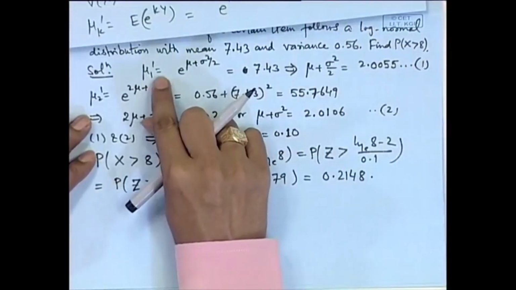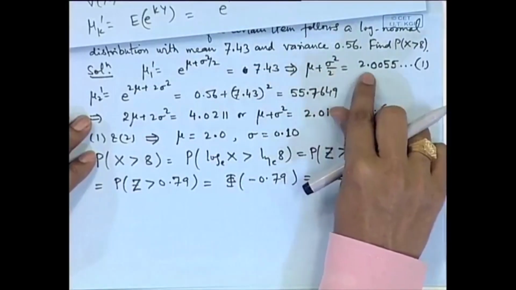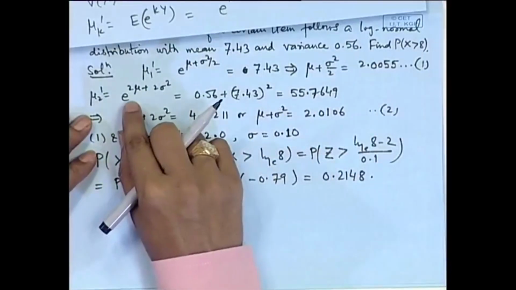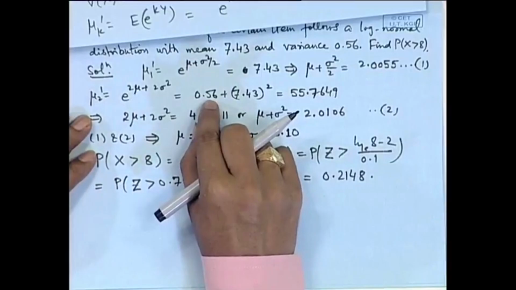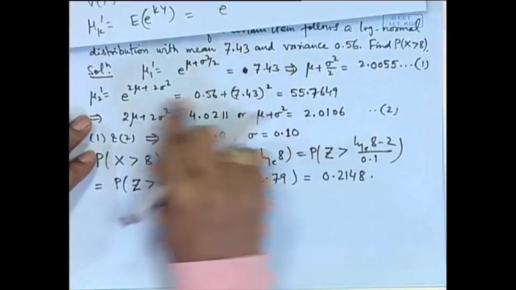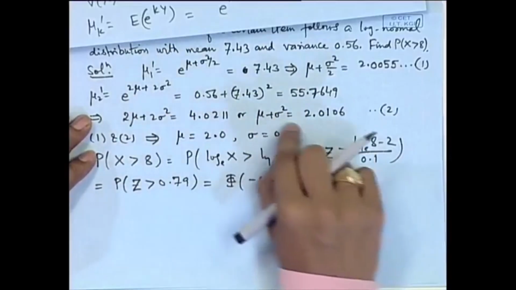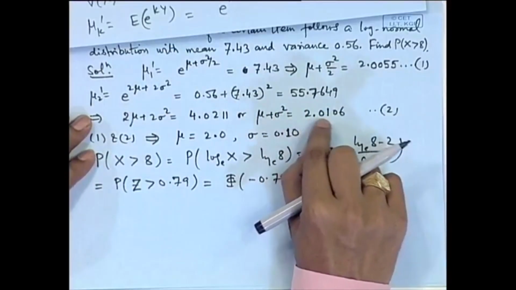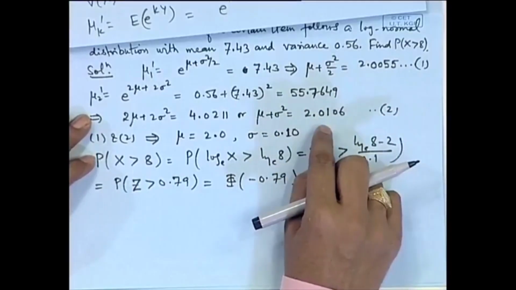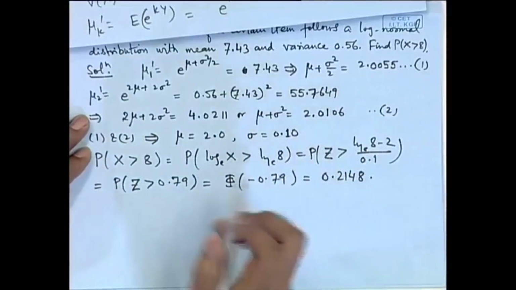So, we have mu 1 prime equal to 7.43, which yields the equation mu plus sigma square by 2 is approximately 2, and mu 2 prime is variance plus mu 1 prime square, so 0.56 plus 7.43 square. After simplification, this gives the equation mu plus sigma square is equal to 2.0106. If we solve these two equations, we get mu approximately 2 and sigma approximately 0.1.